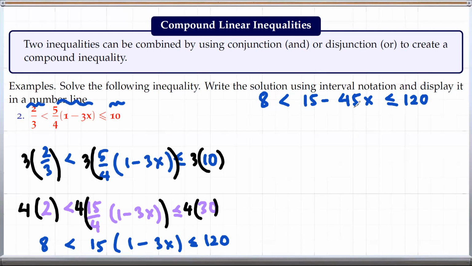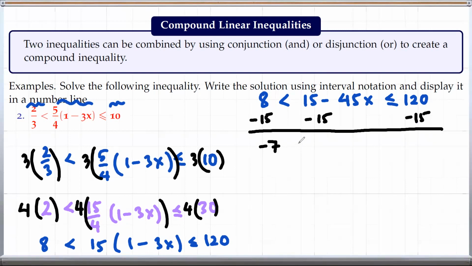Now we can try to isolate x. We can try to remove this 15, so for that, we subtract 15 everywhere. That gives us 8 minus 15 is -7, less than 15 minus 45x minus 15 which is negative 45x, less than or equal to 120 minus 15 which is 105.